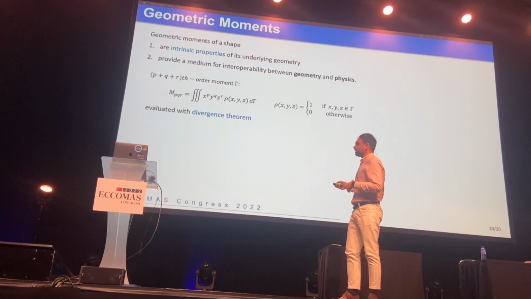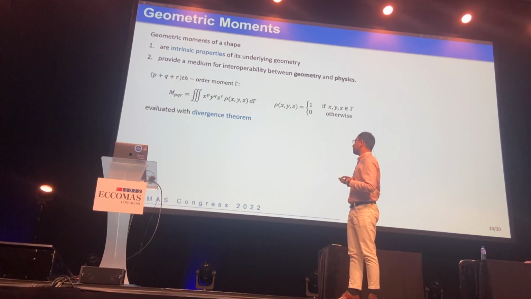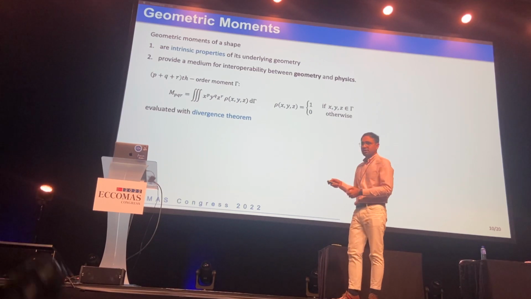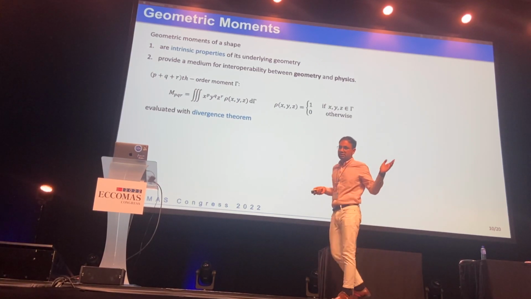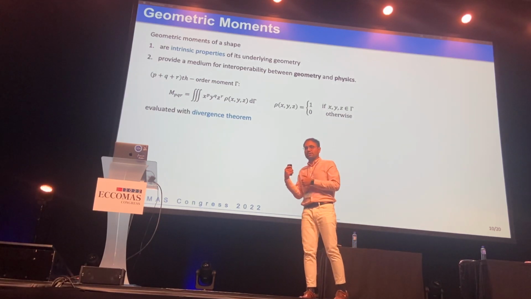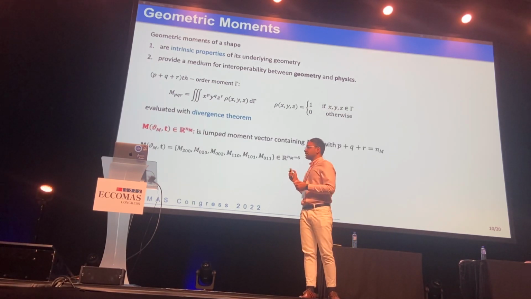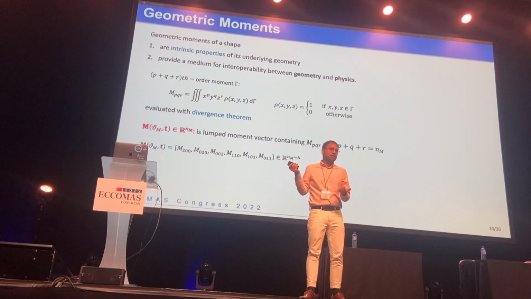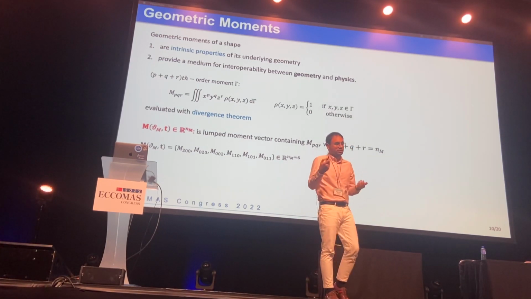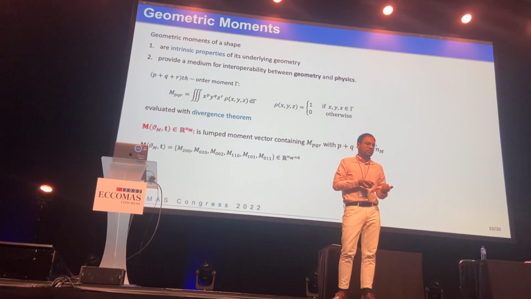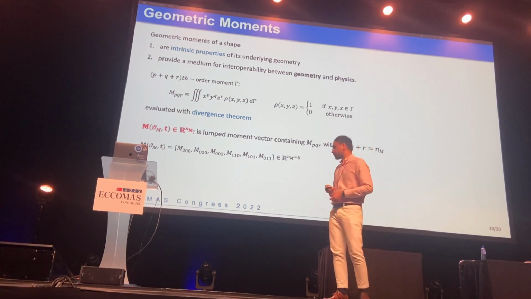In mathematics, they're represented as a Riemann integral, and we evaluate them with the divergence theorem: we convert the volume integral into a surface integral, and then evaluate this integral. One common example of these integrals is the zeroth order geometric moment, which is the volume, and it is widely used.